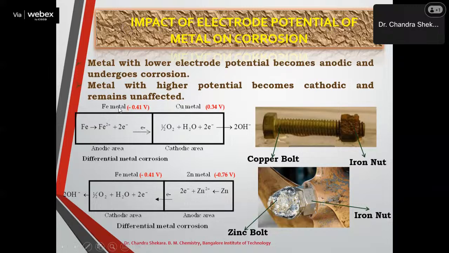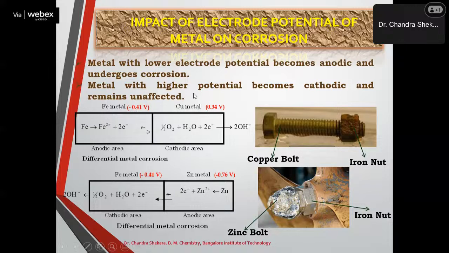Therefore, iron undergoes oxidation and becomes the anodic area. It undergoes corrosion, whereas copper becomes the cathodic area and remains unaffected. The rate of corrosion here depends upon the magnitude of the difference in potential between iron and copper. You can see the difference in potential here is 0.34 minus (-0.41), that is 0.75 volts.